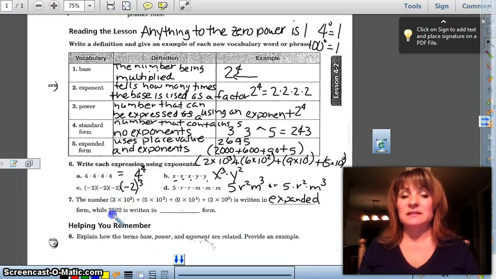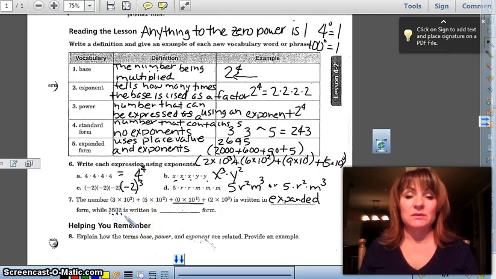The 5 times 10 to the second is 5 times 100, or 500. 0 times 10 to the first would be 0 times 10, so there's 0 in the tens column. If there's a 0, you do need to put the multiplication problem to show that place value. You can't skip any place values. And then the 2 is the 2 times 10 to the 0. So this number here, though, is written in standard form.